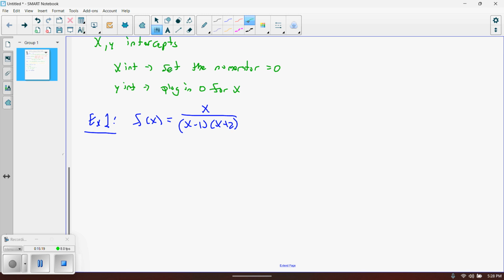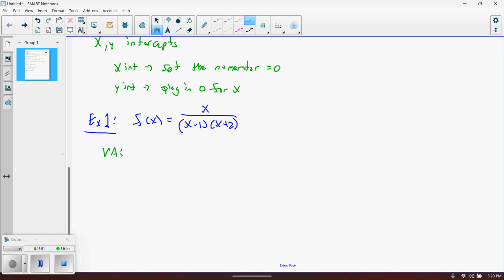So we could find our asymptotes first. The easiest thing typically, once it's in its factored form, which this is, is to find your vertical asymptotes. So we have a vertical asymptote where whatever makes the value of the denominator 0, as long as it doesn't make the numerator 0. So you should be able to look at this one quite easily and say, well, if I plug in x equals 1 or x equals -2, both of those are going to make the denominator 0.